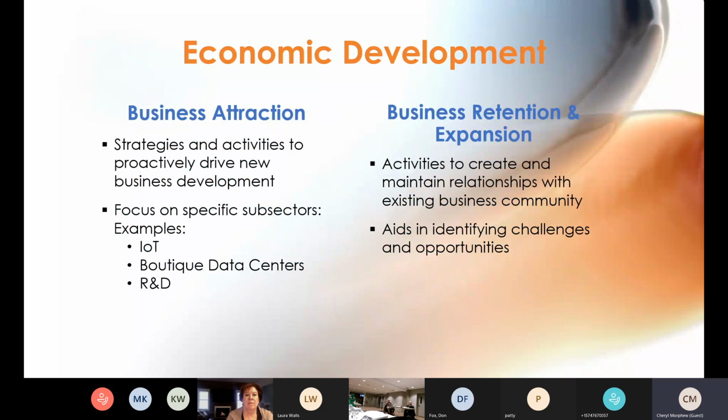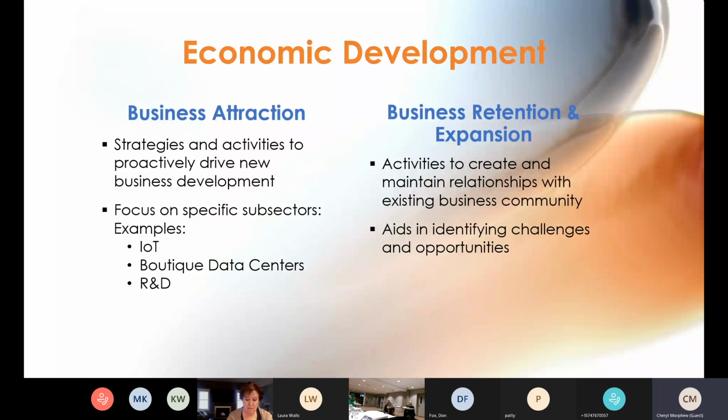On the economic development front, that particular leg of the stool, there are two kinds of economic development with regards to business development. You have the business attraction side of things, where you're creating activities, goals and objectives around bringing new business investment into your community.